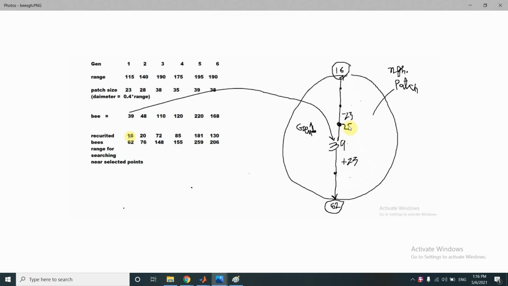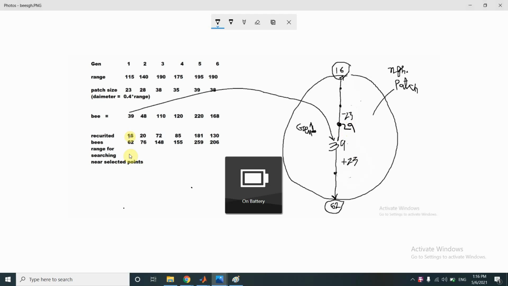So this is 29. So the new bee that was sent in the neighborhood of the elite site found a position 29 in the first dimension. Similarly, it will take a position within the patch size of the other five dimensions as well.